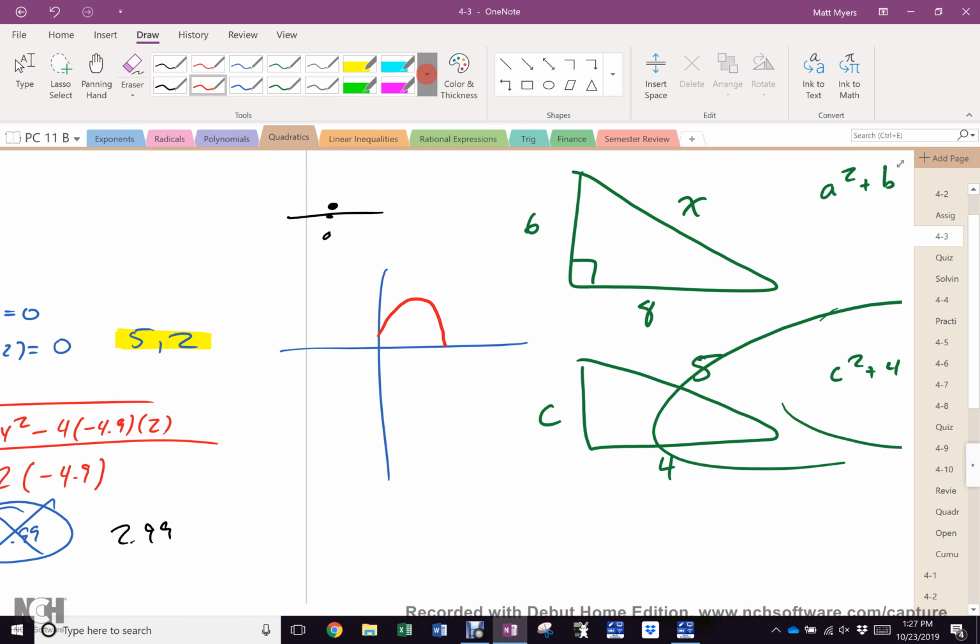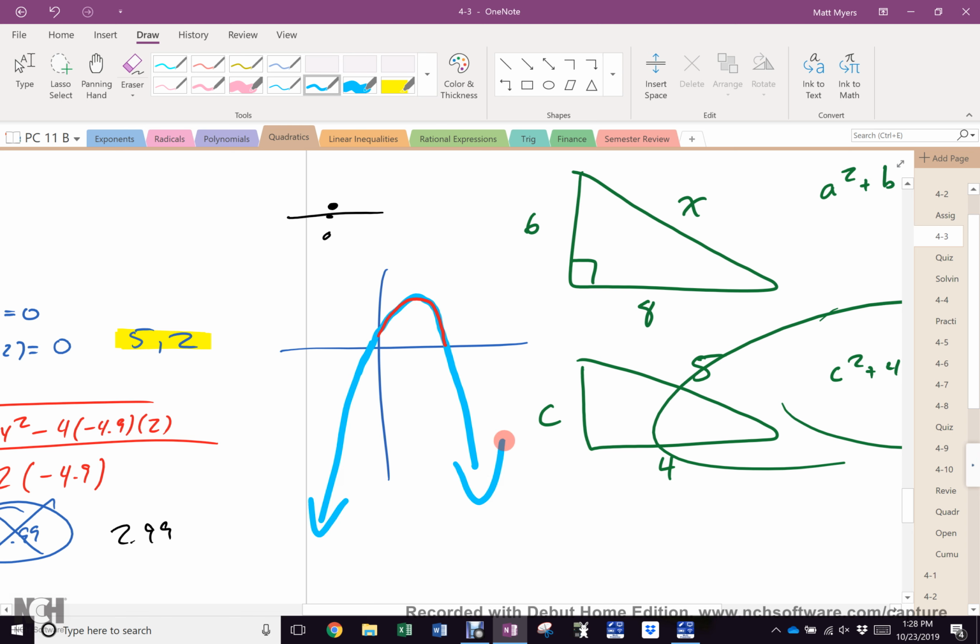The parabola that is representative of that, because the parabola does not draw real life, will go around here and down forever and ever and ever. No matter how hard I throw the ball, it's not going through the ground. So in reality, it's the red part of the parabola. In math class, it's the entire parabola. The thing that you have to do is take the math knowledge and apply it to real life. Okay?